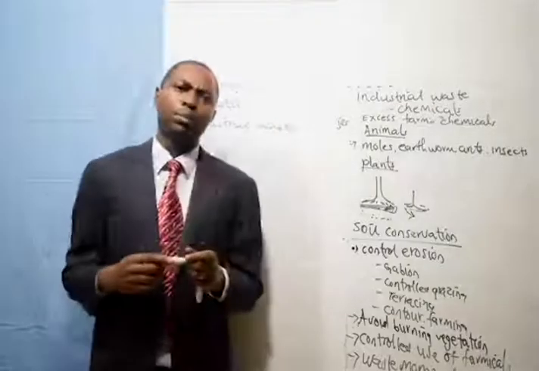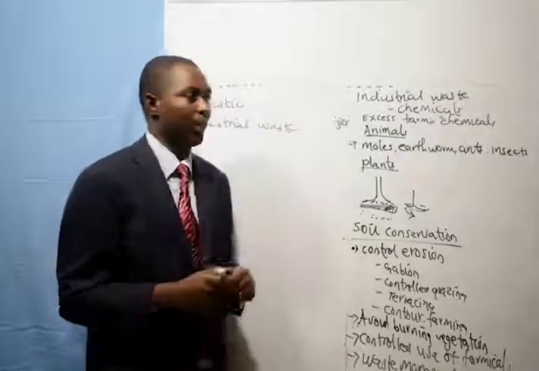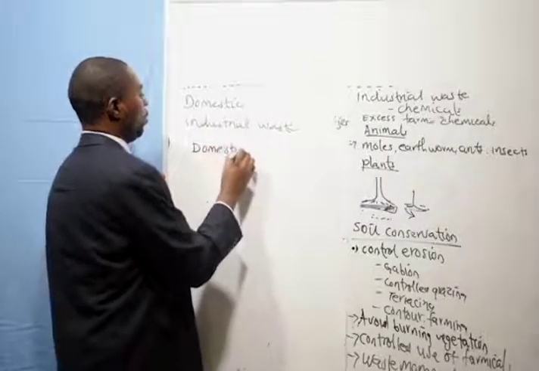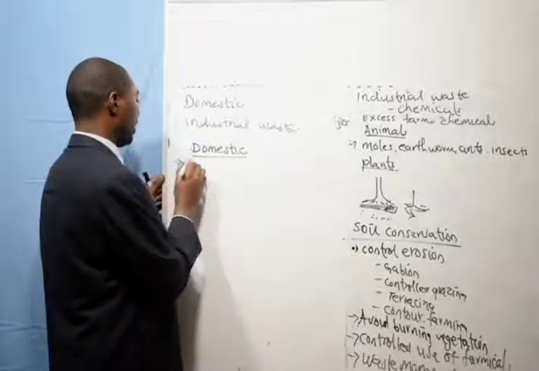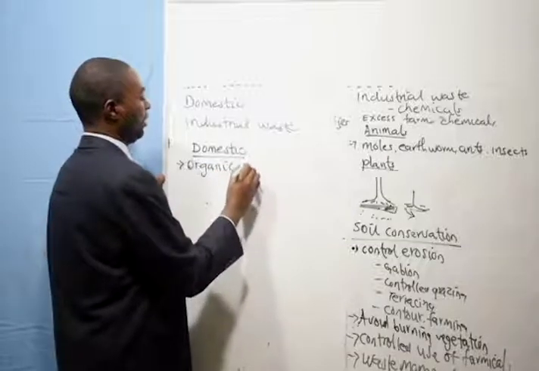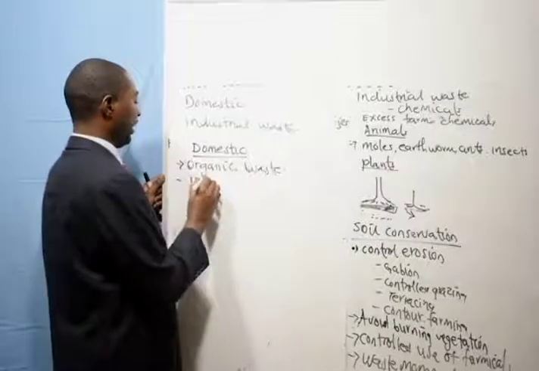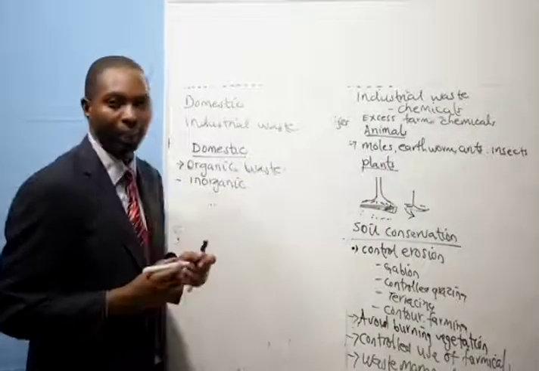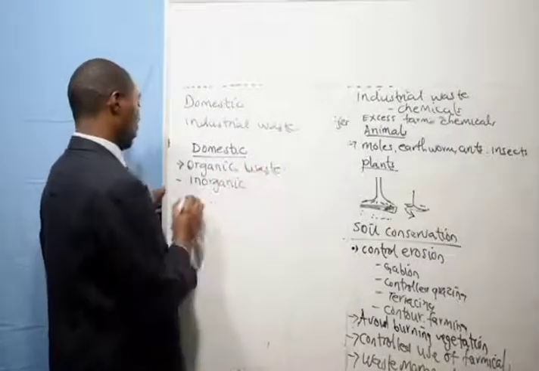What do you do with the waste produced at home? At home we produce organic waste, which is the one that can form manure, that is plant or animal waste. At the same time we produce inorganic waste, such as plastic, once you go to the shop and buy items. So with the organic waste, what are we going to do?